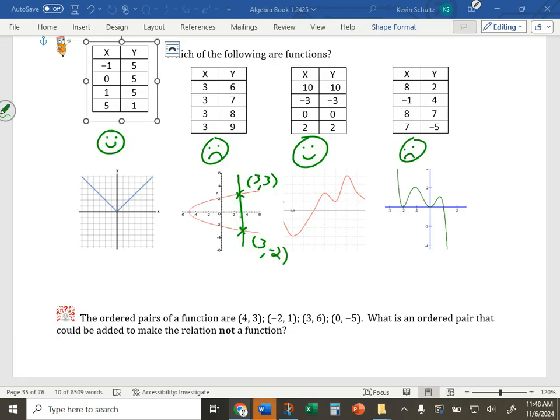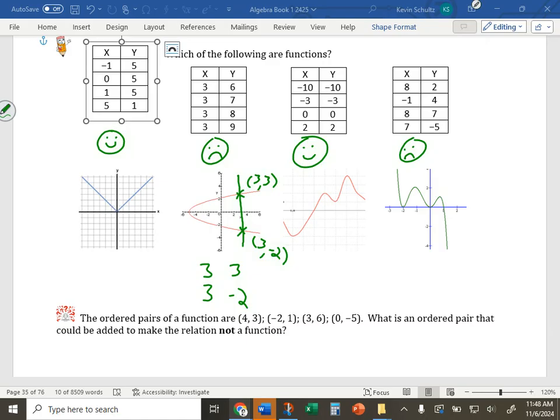There are 2 different Y's for the same X. If we were to put this in a function table, it'd be like 3, 3, 3, -2. You'd immediately say, oh, that's not a function, X repeats itself. But it's on the coordinate plane, and how you can tell if X repeats is putting that vertical line through the graph, and if it touches the graph in more than one place, it is not a function.